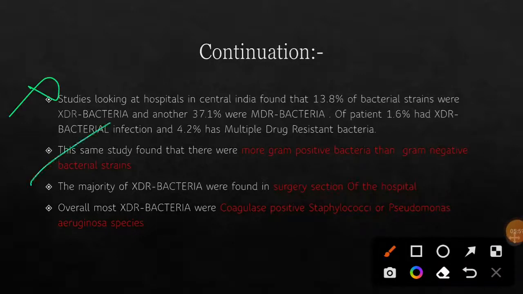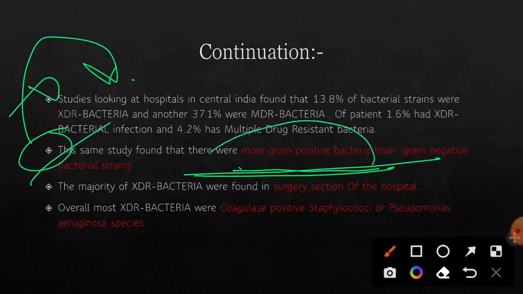In the next point, with the help of this study, they derived that in most cases gram positive bacteria have the ability to develop XDR as compared to gram negative bacteria.